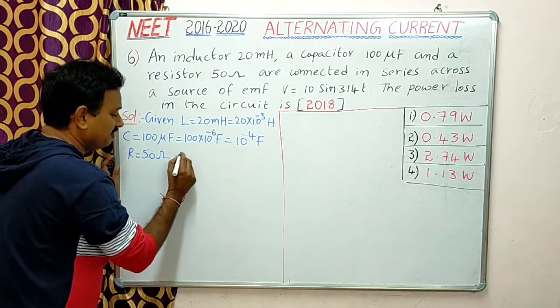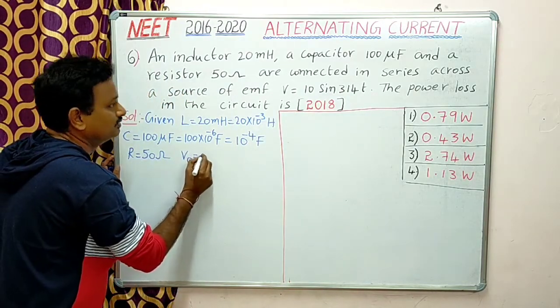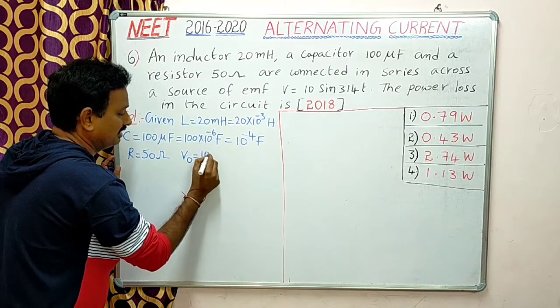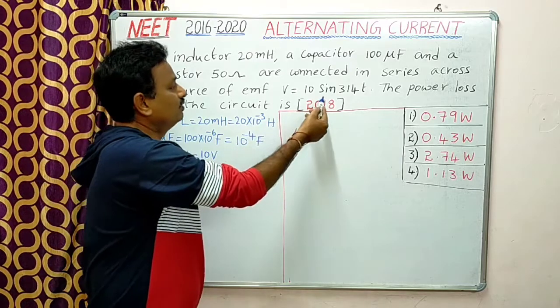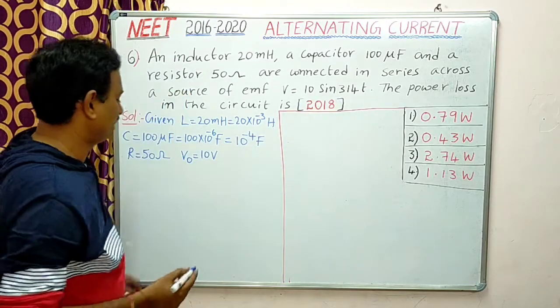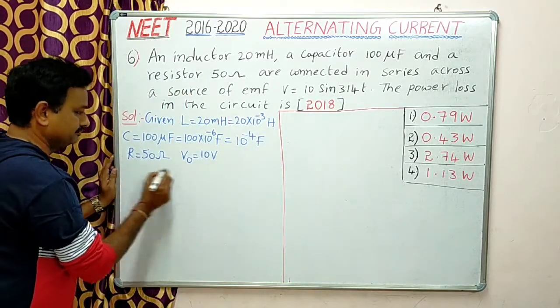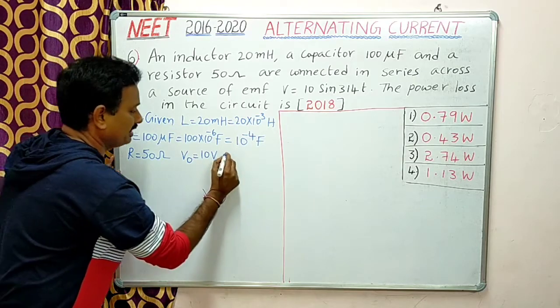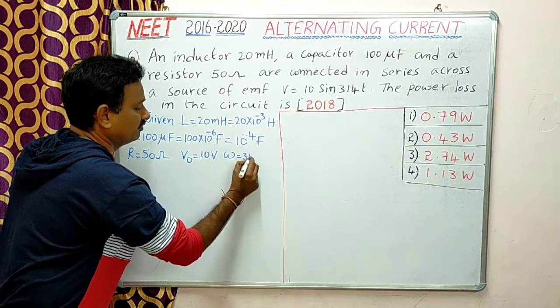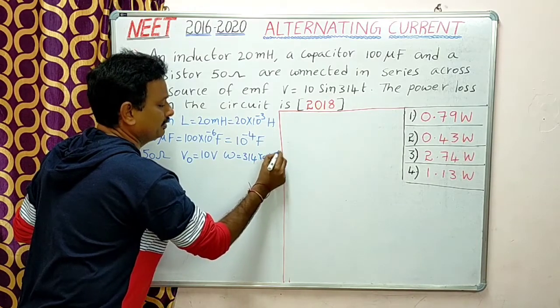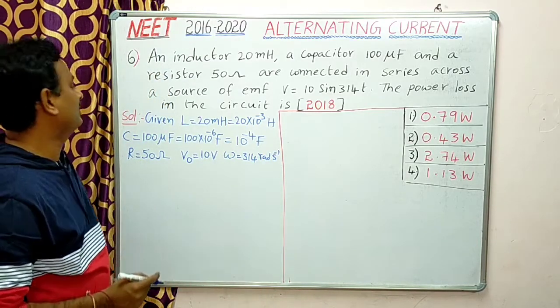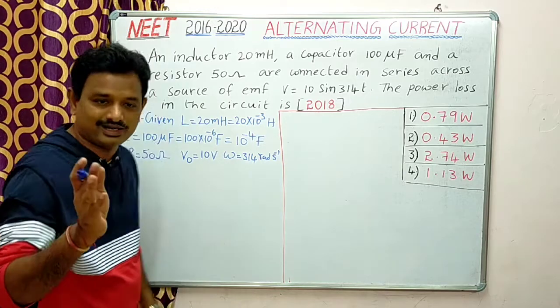That is V naught is equal to 10 volt. Okay, and omega is equal to 314 radian per second. So what you have to calculate? You have to calculate power loss.